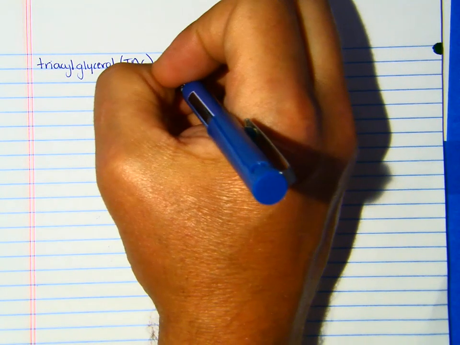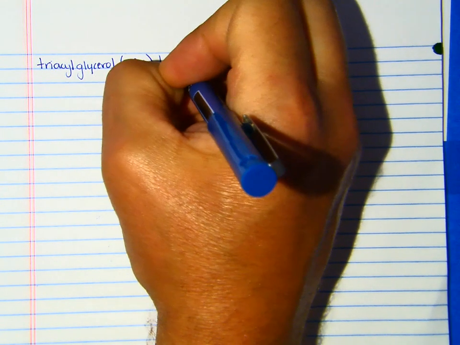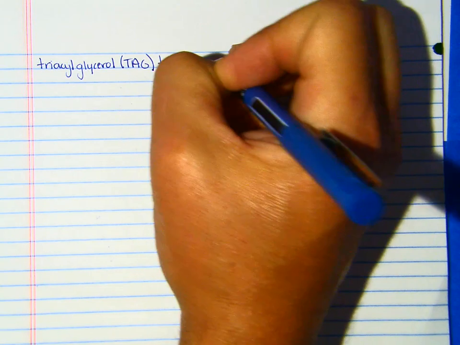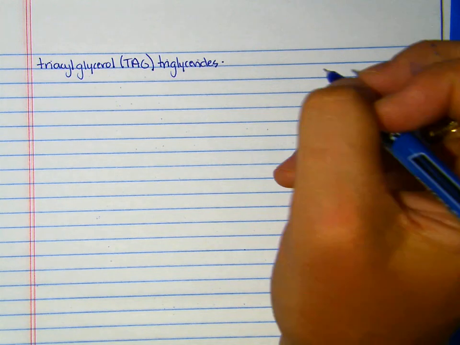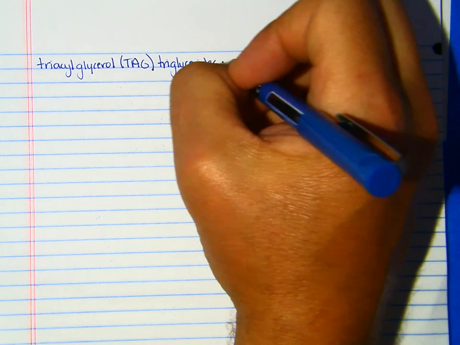Okay, what we're going to do next is triacylglycerides. Triacylglycerol, or TAG, is how we will abbreviate it. It's triglycerides, which is kind of the more common term in discussions like on the news or at the doctor's office.